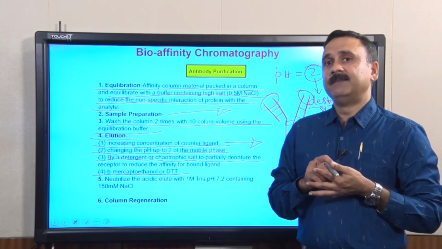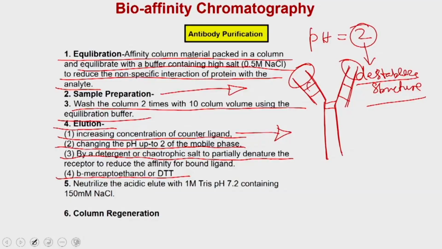Because of this, if you add DTT or beta mercaptoethanol, you are going to break the disulfide linkages, and as a result it is going to destroy the antigen binding site present on the antibodies, and the antibody is going to have reduced affinity for the antigen, and that is how the antibody is going to be eluted.